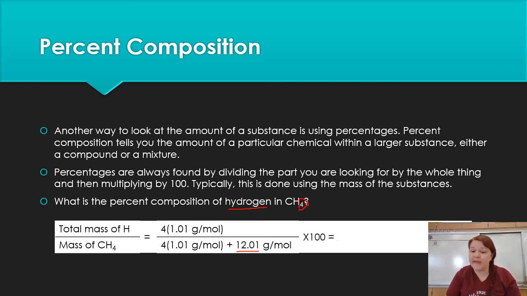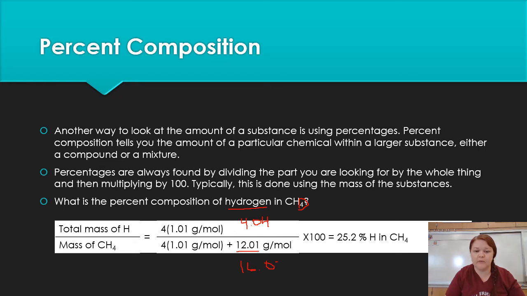We're going to multiply that by 100 to make it a percentage. So we divide these two values, multiply, and we should get about 25.2% hydrogen in CH4. So the top part is about 4.04, and the bottom we said was 16.05.